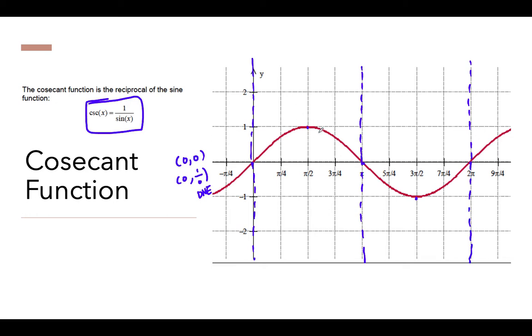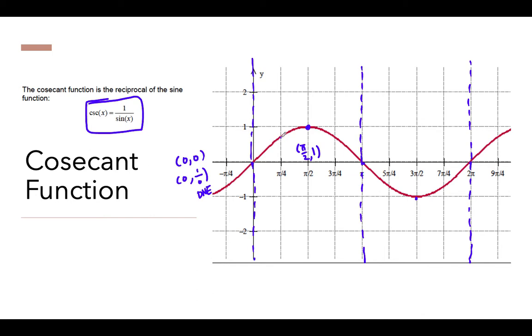Next, we have another point at pi over 2, comma 1. Now I'm going to take the reciprocal of 1. It stays as 1, so it stays the same. Then let's take a point at pi over 4, where the y value is around 0.75.